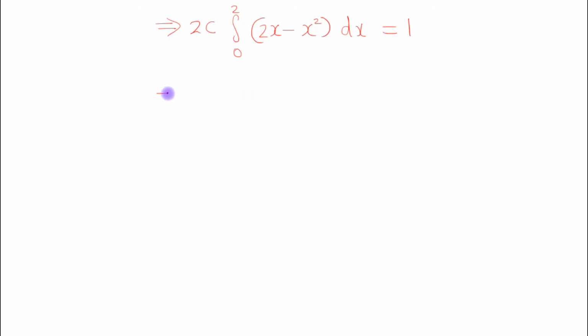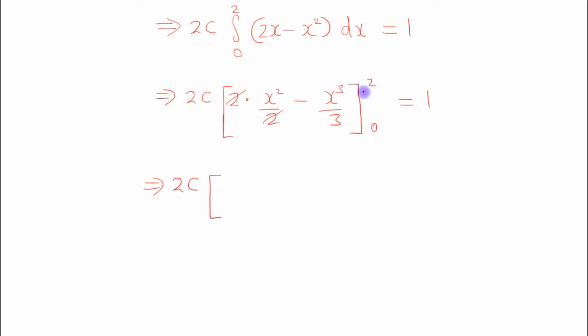Next step, 2c, now we will integrate. It will become 2 times x squared by 2 minus x cubed by 3, from 0 to 2, equals 1.